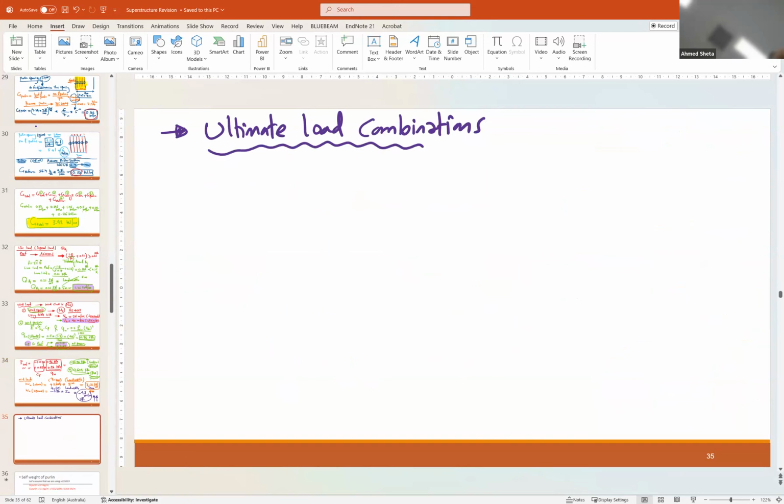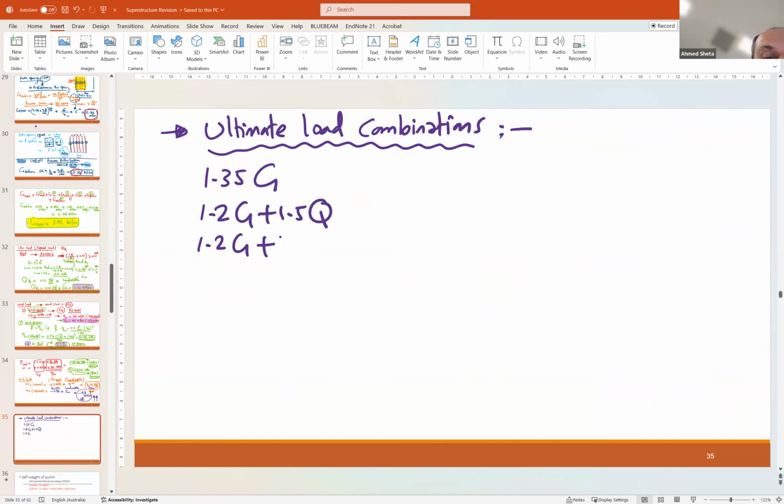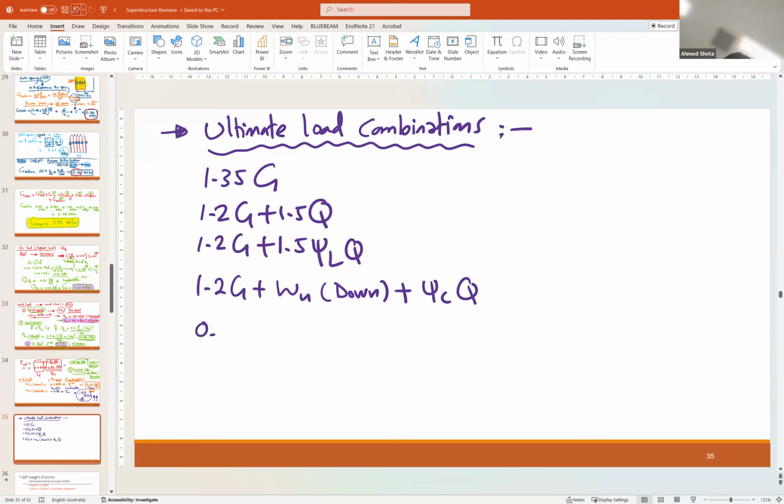For the ultimate load combinations, we have 1.35 G, 1.2 G plus 1.5 Q, 1.2 G plus 1.5 epsi L Q, 1.2 G plus WU downward plus epsi C Q, and the last one or number 5 is 0.9 G plus WU upward.